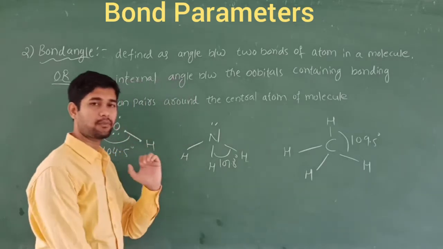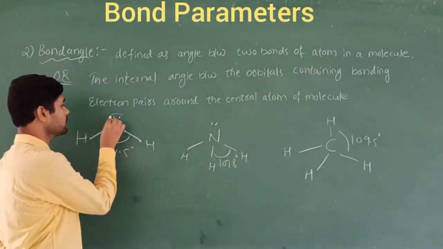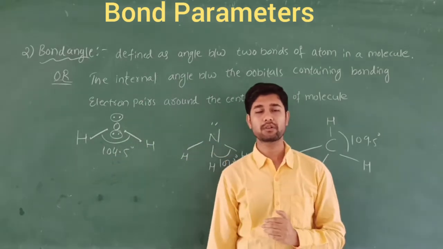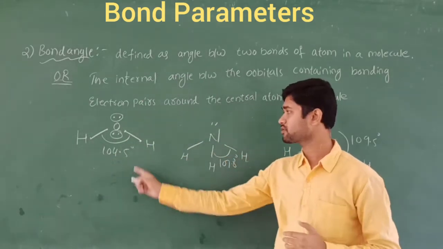Why does this happen? It is because of the lone pairs of electrons. So we should always say that the water molecule has a bent structure.